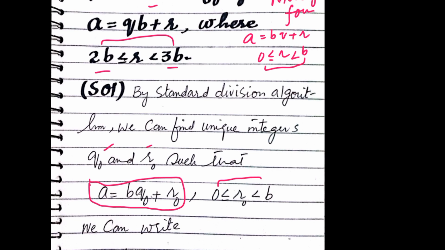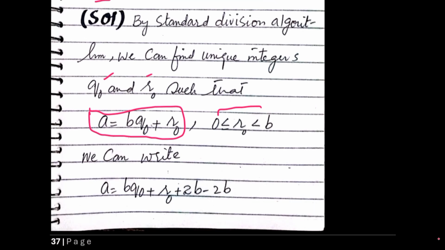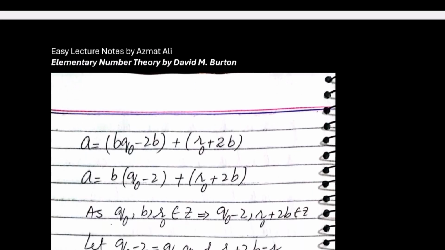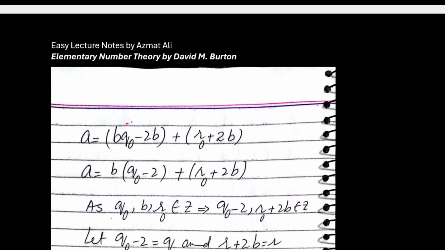We further can write it by adding and subtracting the number 2b here, combining the terms bq naught with minus 2b and r naught plus 2b. By taking b as a common factor from this bracket, we have a is equal to b times q naught minus 2 plus r naught plus 2b.